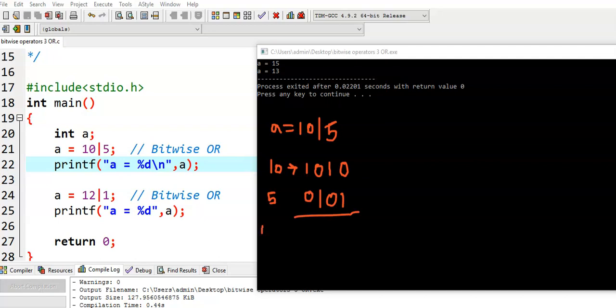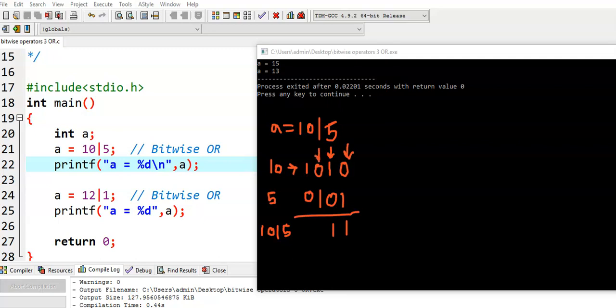Now we need to find 10 bitwise OR 5. So for the bitwise OR operator, we start from right to left. Here 0 and 1, one of the values is 1, so we get output 1. In the second case, one of the values is 1, we get output 1.